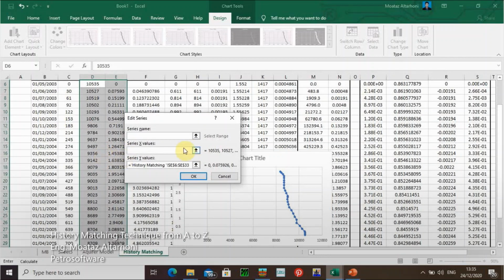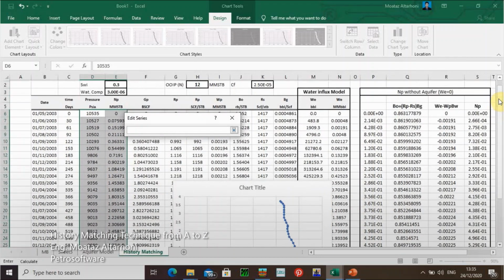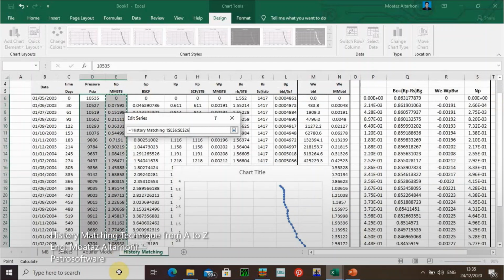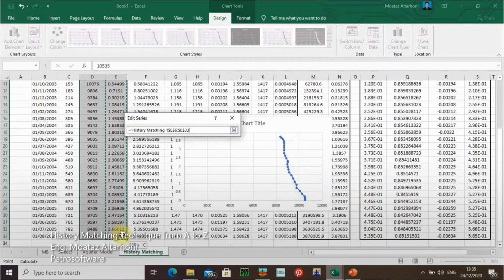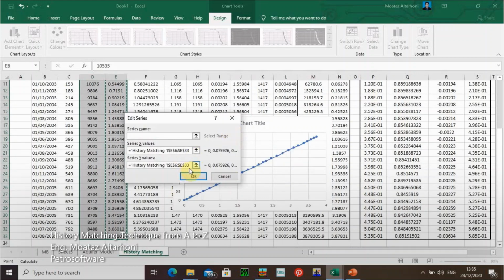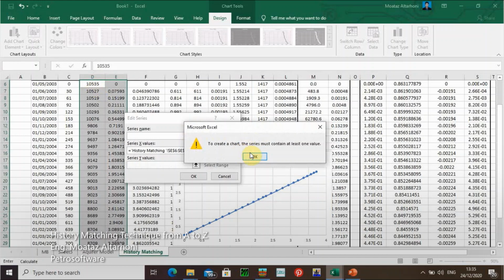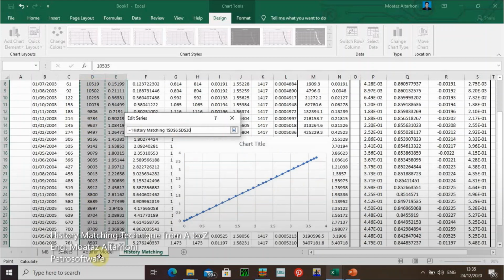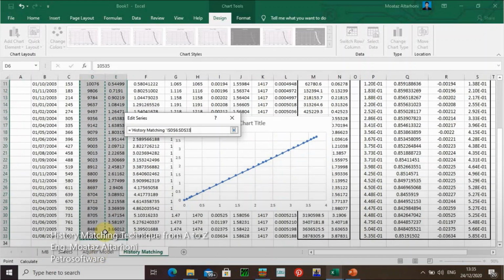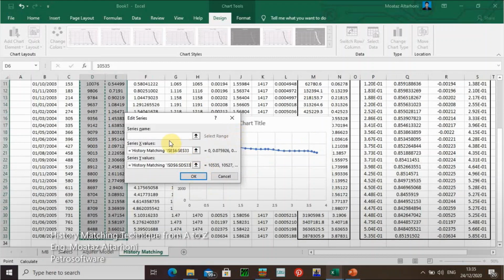In X, it will be cumulative oil. This is the right value of cumulative oil calculated from our field. And what's in Y? Pressure. This is the observed data.